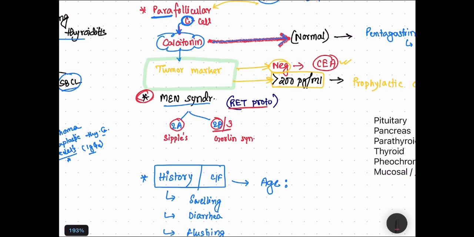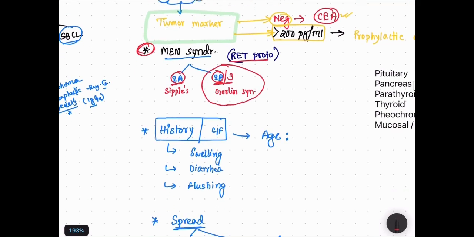Wermer syndrome, not Werner, but that is not associated with medullary thyroid carcinoma. MEN 2A and MEN 2B or 3 are associated with medullary thyroid carcinoma. And please remember, if it is associated with MEN 2B, that will be much more aggressive.